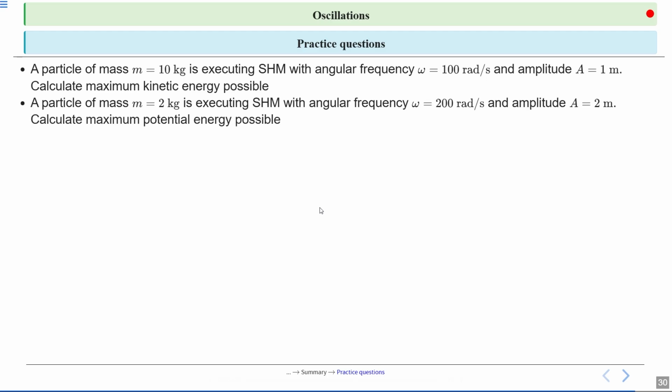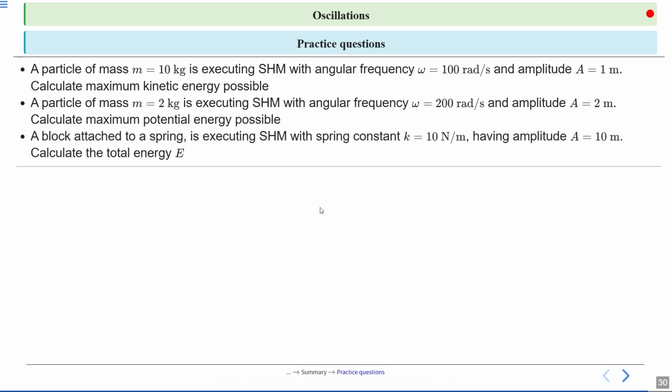Second, a particle of mass m equal to 2 kg is executing simple harmonic motion with angular frequency omega equal to 200 radian per second and amplitude 2 meter. Calculate maximum potential energy possible. So in this question, you have to find out the maximum potential energy.